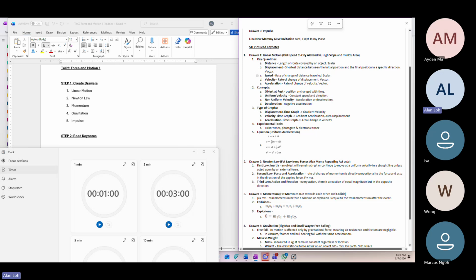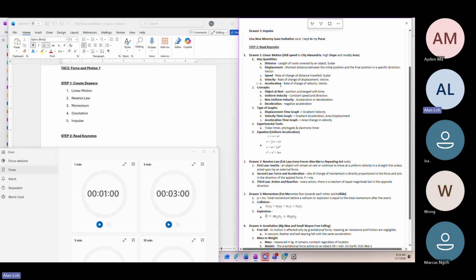Speed obviously is speed to city of Alexandria. City is representing velocity. Alexandria sounds like accelerations. I hope that can ring some bell. So Titi is speeding to city of Alexandria. Itself is able to help you to remember these 5 quantities, right?